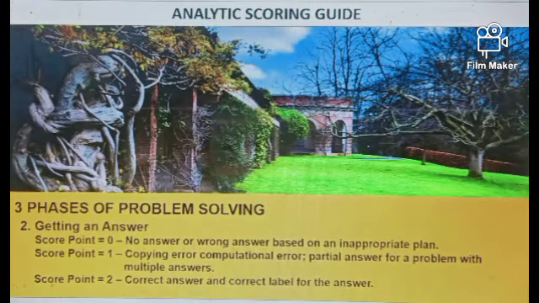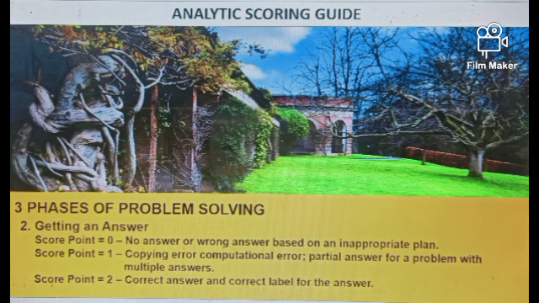In the last and third phase of problem solving, this is how a student will be scored. If the student shows no answer or a wrong answer based on an inappropriate plan, the student gets a score of 0. And the student receives a score of 1 if the work shows one or more of the following errors: copying error, computational error, or the work shows a partial answer for a problem with multiple answers.